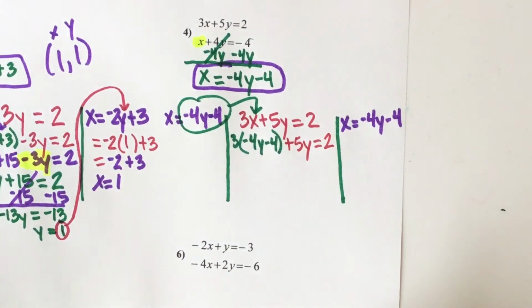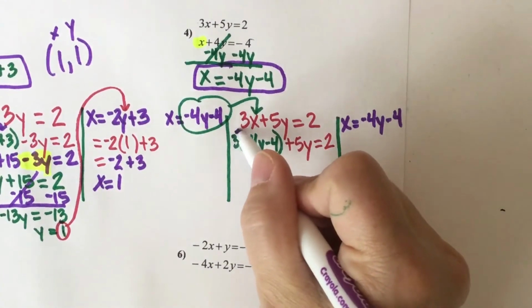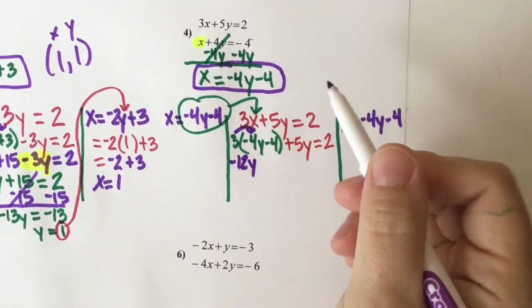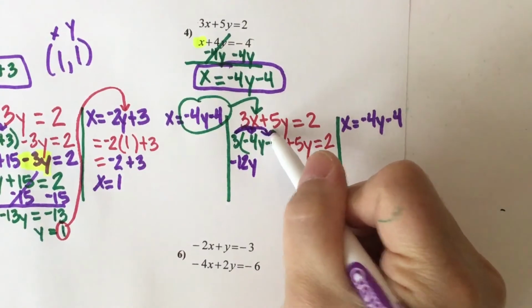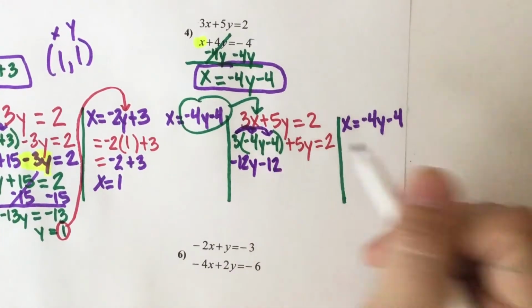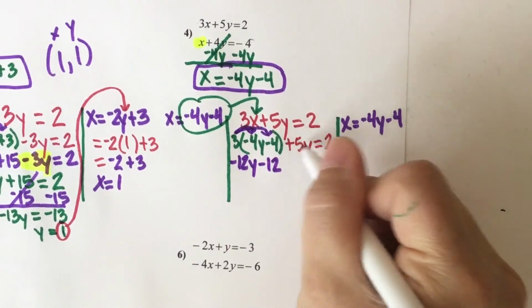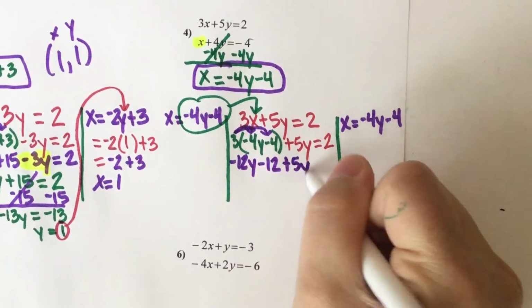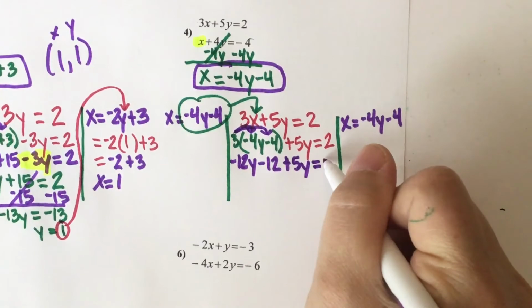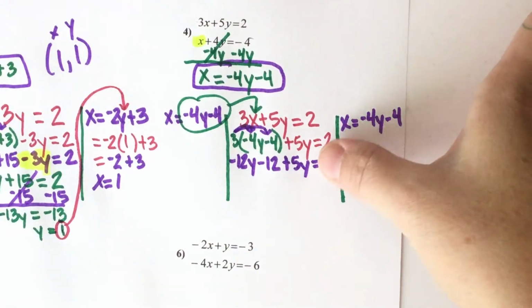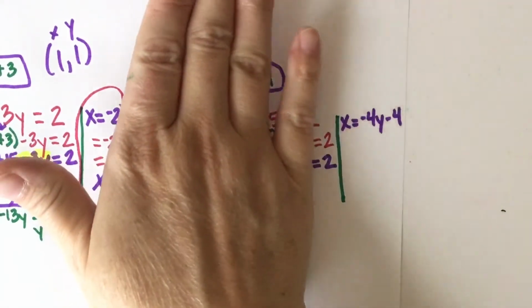Okay, at this point, I need to distribute to get rid of parentheses. So 3 times negative 4y makes a negative 12y, and 3 times negative 4 makes a negative 12. And then I'm going to bring down the plus 5y, and I'm going to bring down the equals 2. Okay, once you distribute, this is when you look for like terms on the left side of the equals and like terms on the right.